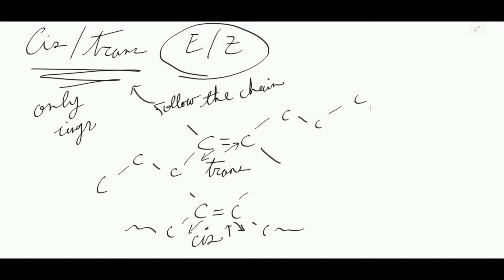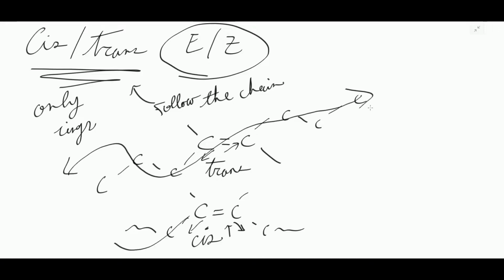So Transylvania, old name for what is now part of Romania, means on the other side of the woods. Trans-Silva, other side of the woods. All right. So that is the old method. It is no longer the approved method, just because it is only limited to a case where you can follow the chain across the double bond.